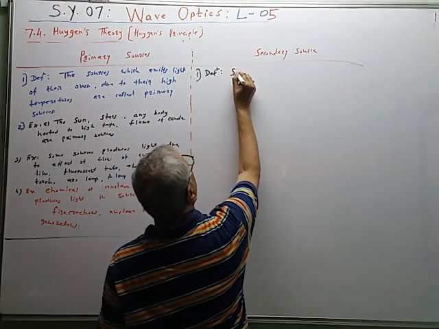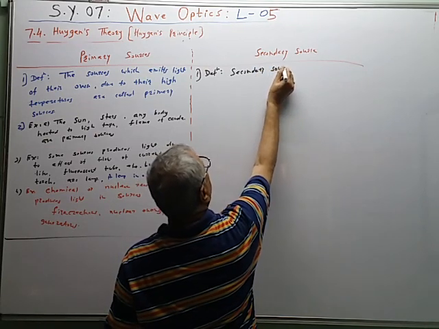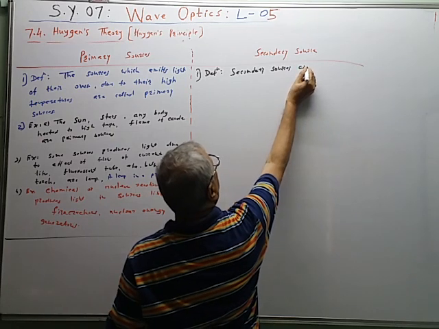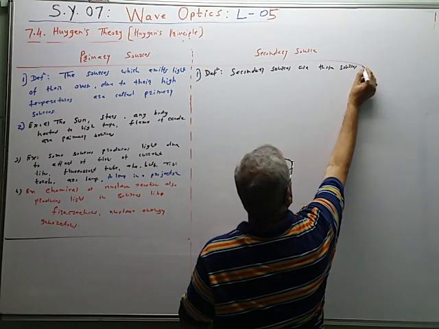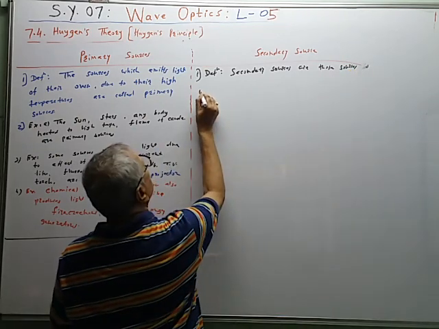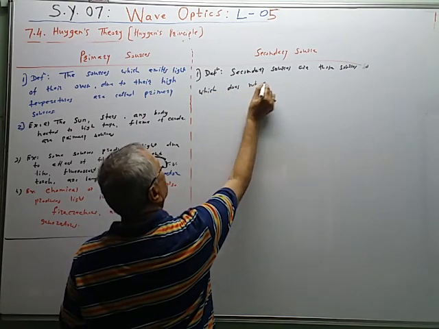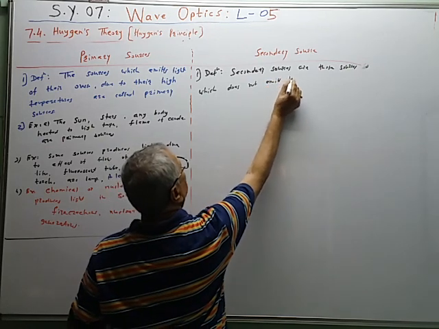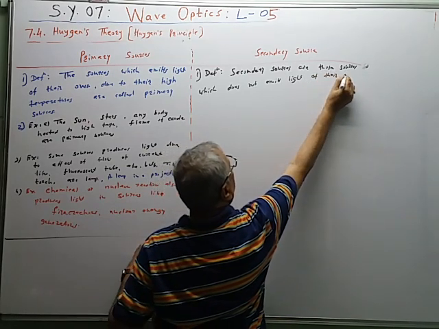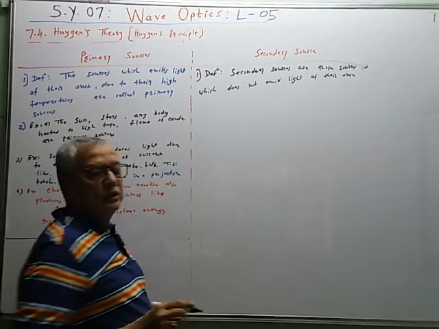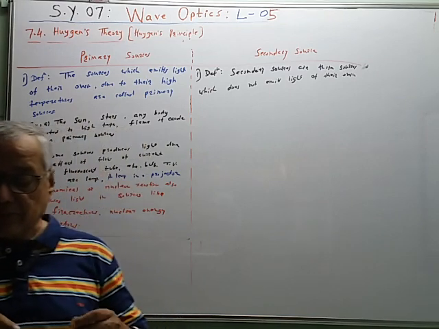Definition: secondary sources are those sources which do not emit light of their own.